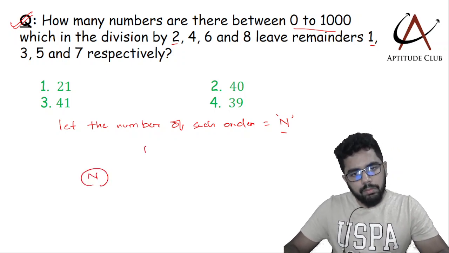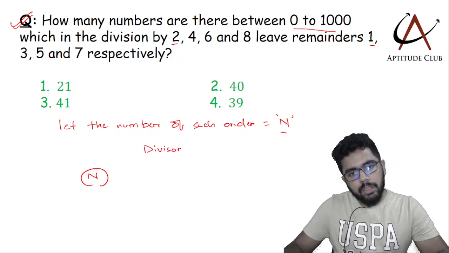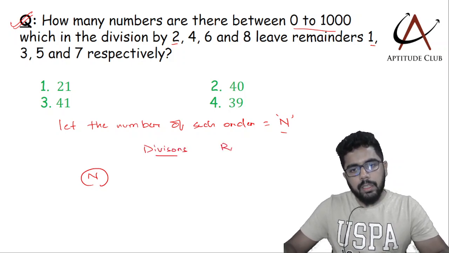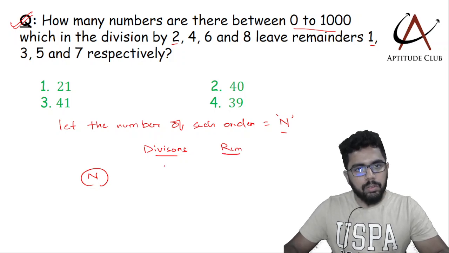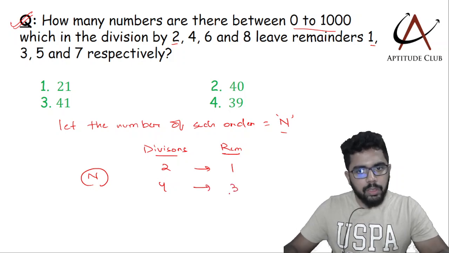So let me list it down in this way: divisors and remainders. Divided by 2 it leaves remainder 1, divided by 4 it leaves remainder 3, divided by 6 leaves remainder 5, and divided by 8 it leaves remainder 7.